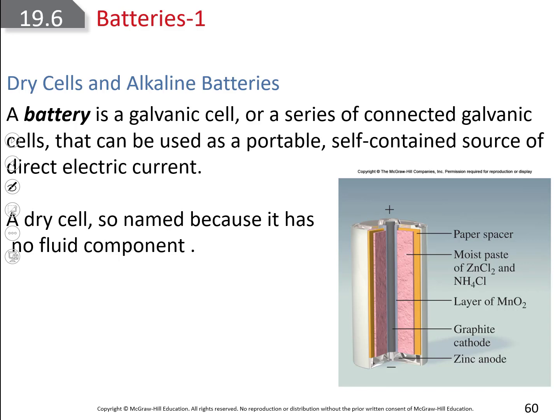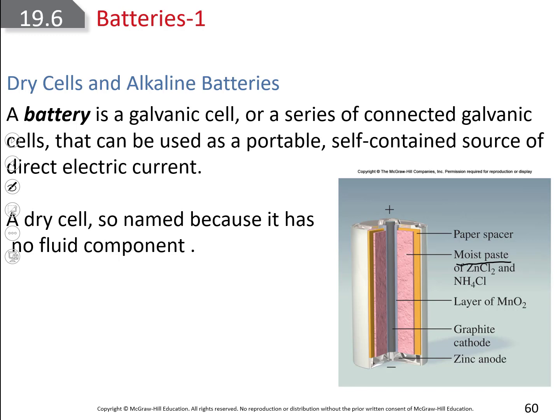It's still the same idea. You're still having a redox reaction, but although it's called dry, there still has to be some moisture because you can only have redox reactions in aqueous solution. So generally what happens inside of this is you have some sort of a moist paste. That moist paste allows there to be ions dissolved in aqueous solution just enough to have the electrons being able to transfer.